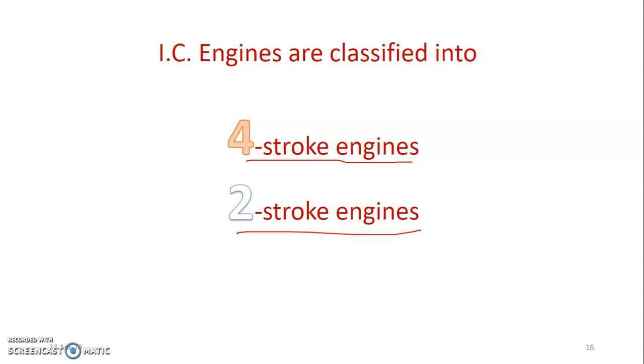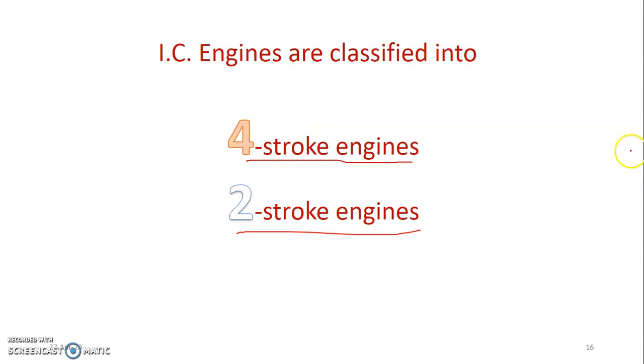In the previous video lecture we discussed how IC engines are classified by considering different parameters: based on number of strokes, number of cylinders, the thermodynamic cycle used in the engine, and the fuel used. All this we discussed and understood how they are classified.